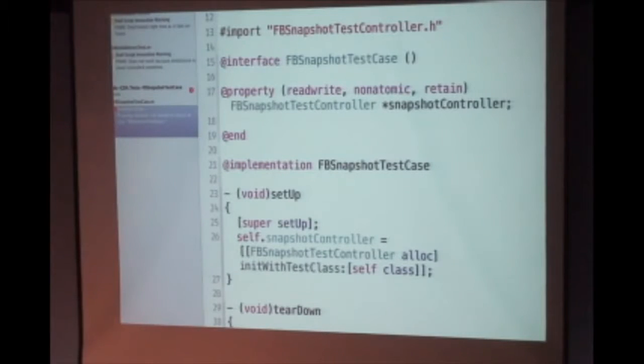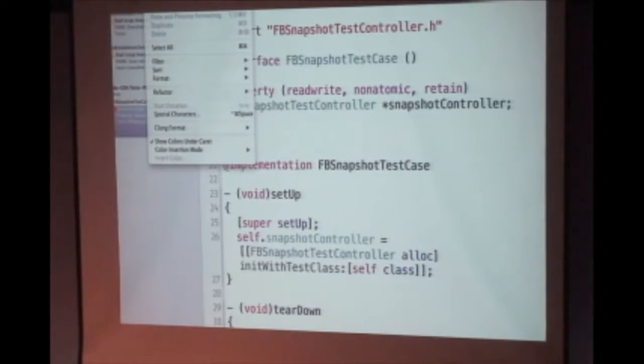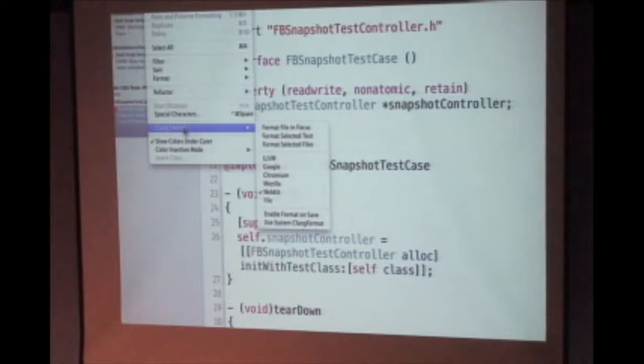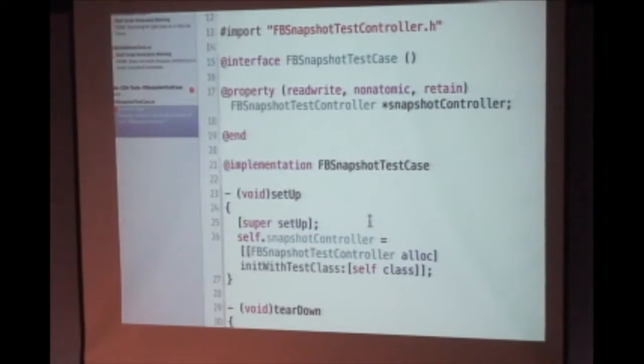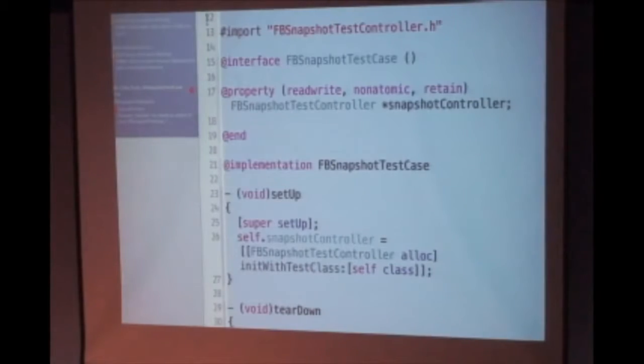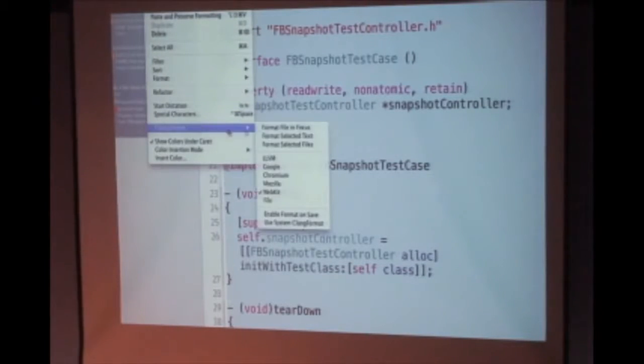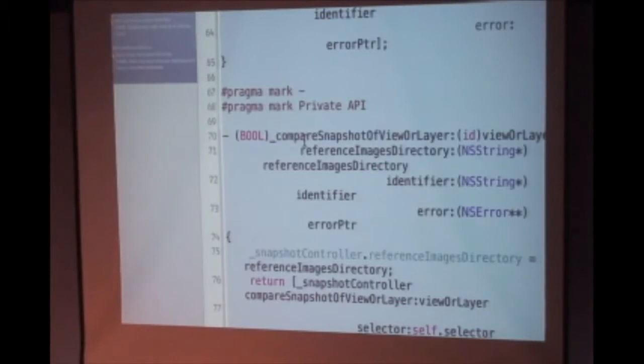Okay. So Clang format adds a menu item, and we can now select some code, Clang format, and do a format selected text, and it reformats it.